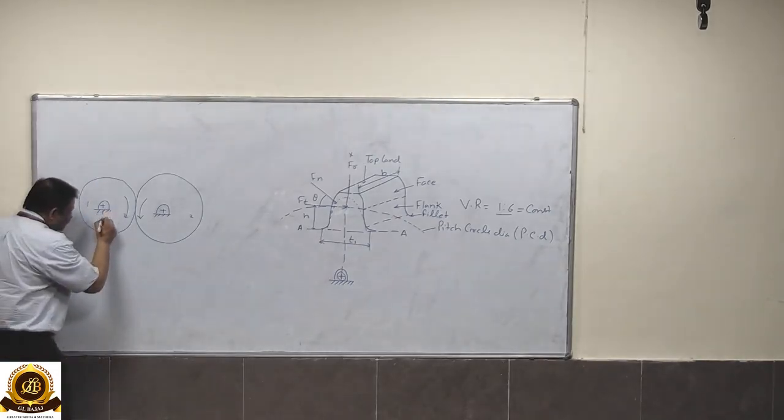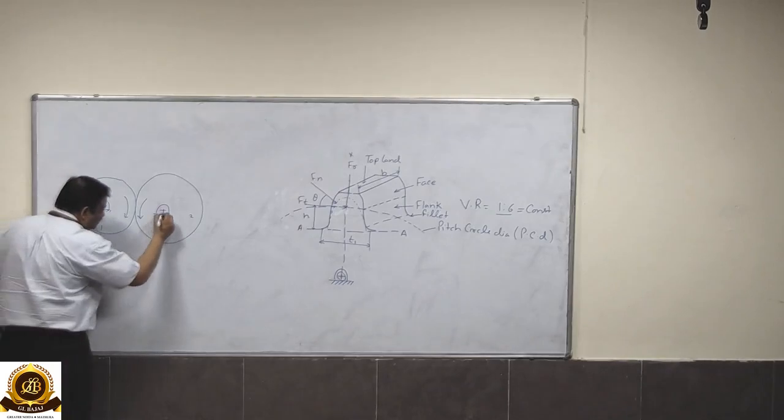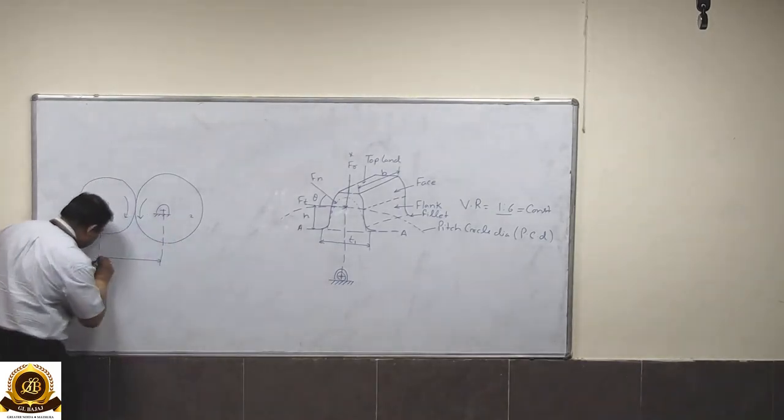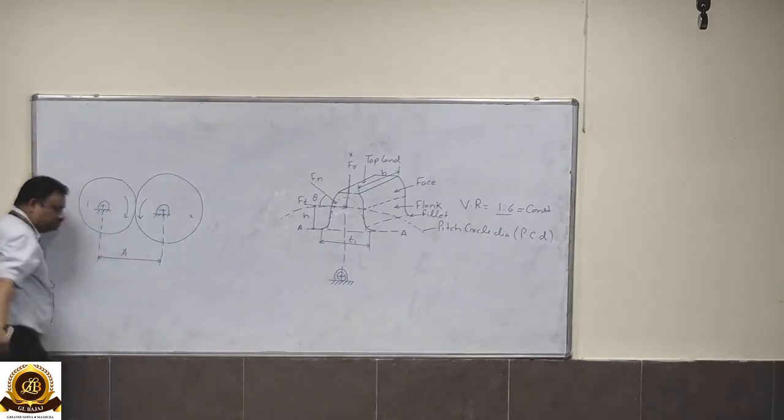The distance between the two centers of the shaft is called the center distance. Let us take as A.